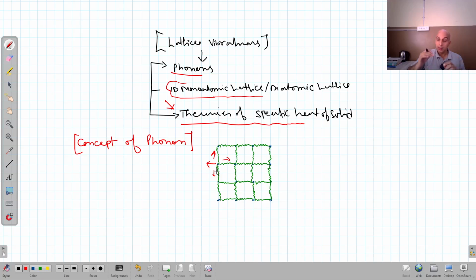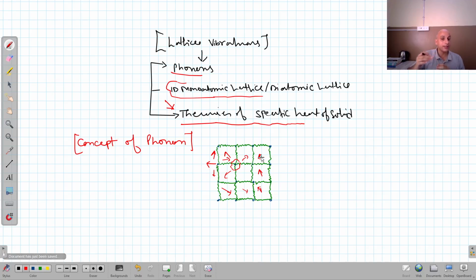So now we also see here that when one atom is disturbed, suppose this atom is disturbed, then it is not like only this atom will remain disturbed. This disturbance will travel to the entire lattice through these elastic springs, and all these atoms will start oscillating, right? So this entire dynamics, oscillations of the crystal, is known as lattice vibrations, right?